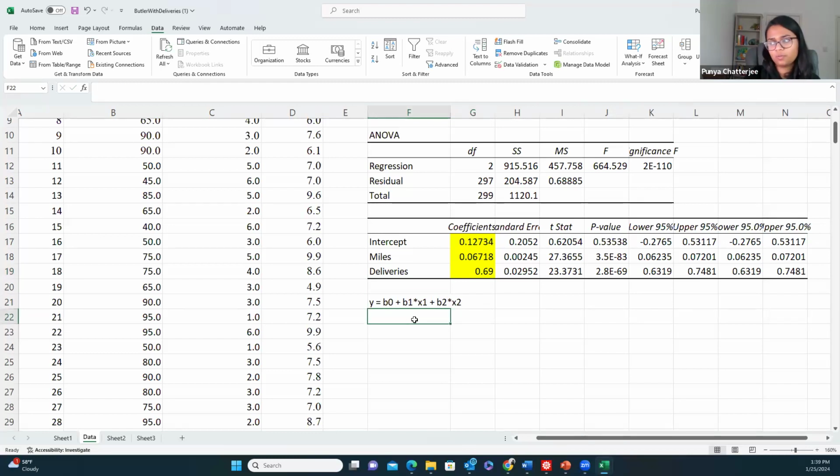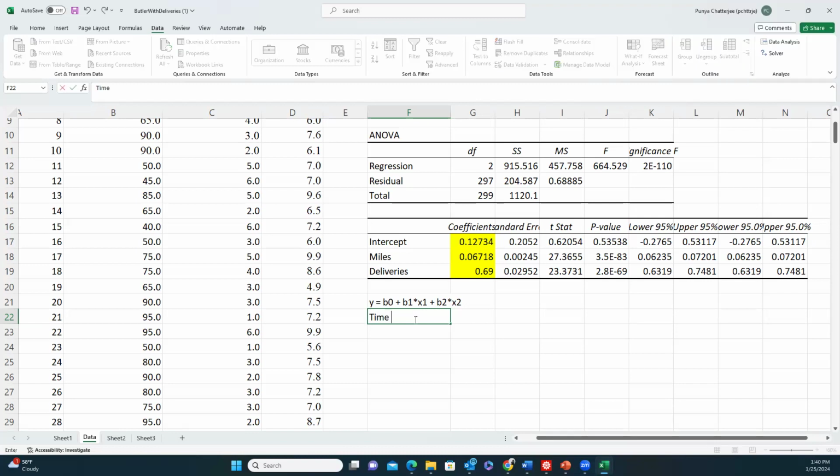So can anyone help me to write the regression equation with respect to this particular regression? So how are we going to start? What is our y? What is the dependent variable? Time. Time. Let's go. So Josh? Okay. So time equals to, then what?